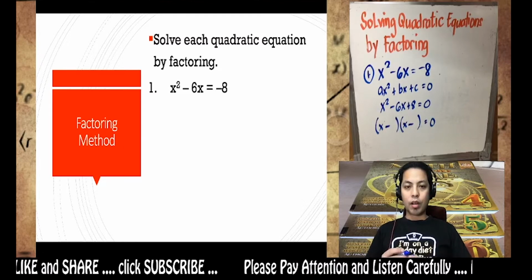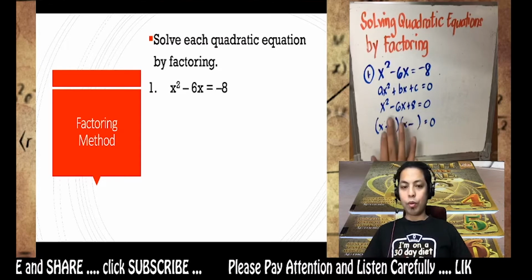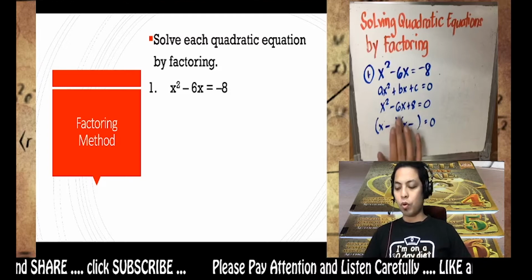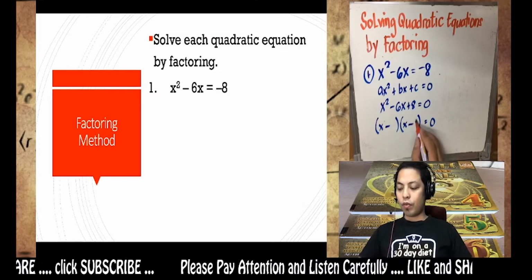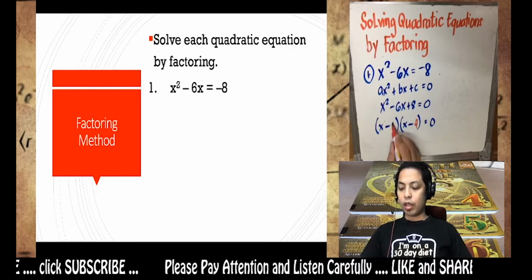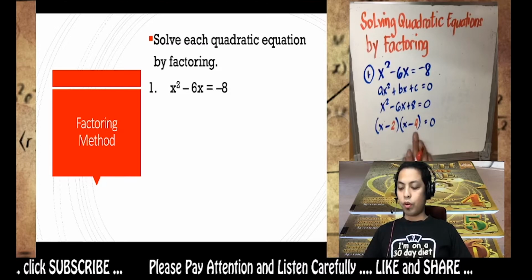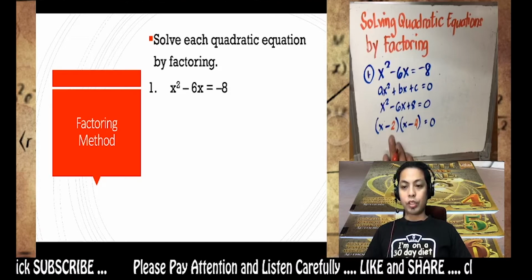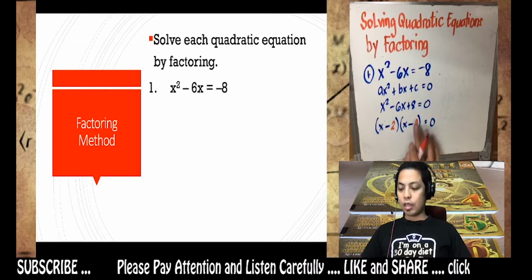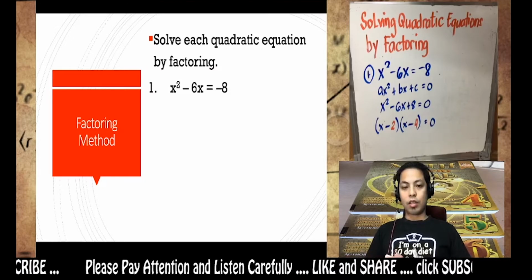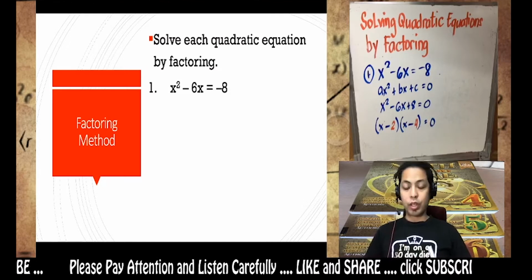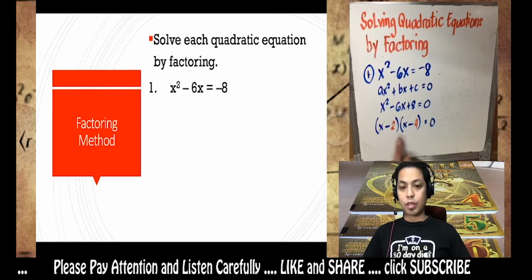Tapos isip tayo ng factors ng 8 na pwedeng lumabas kapag inadd or sinubtract mo para maging 6. So kailangan meron tayong 4 and 2. 4 and 2, pwede siya maging 6, and then 4 times 2 is 8. So, pwede ba magkabaliktad? Pwede, since they have the same sign.